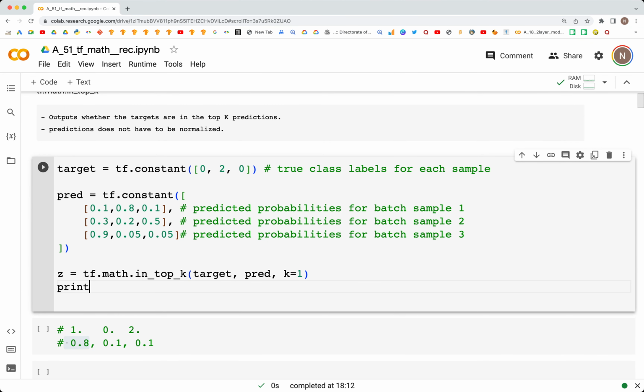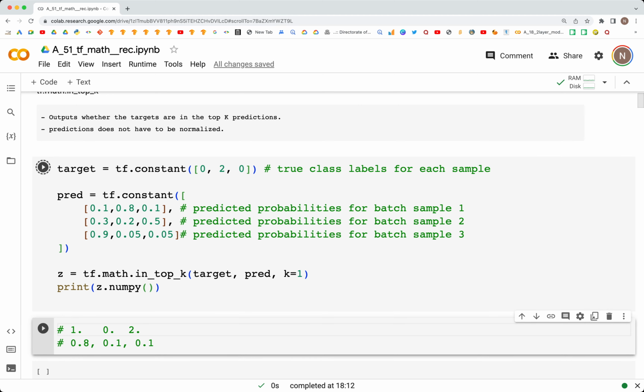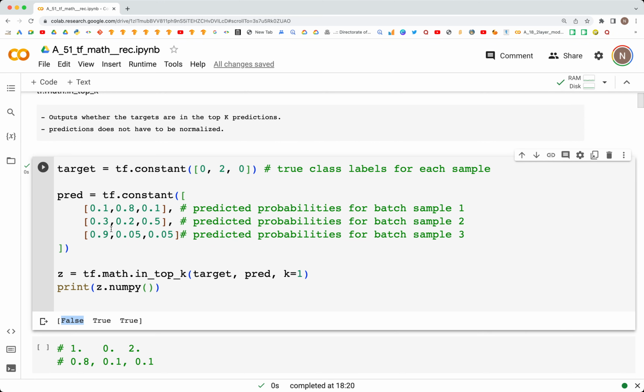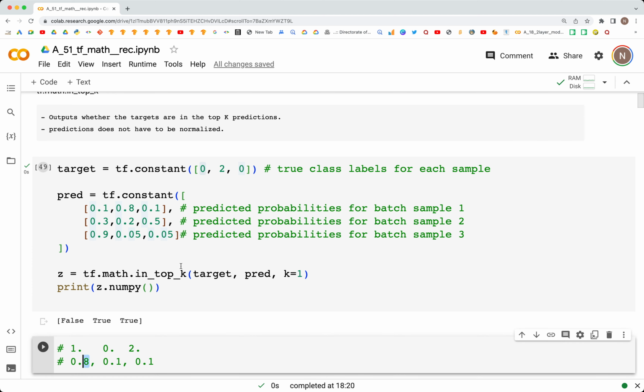So if we print z.numpy, we would get false for the first one, because the top value does not belong to class 0, it belongs to class 1.